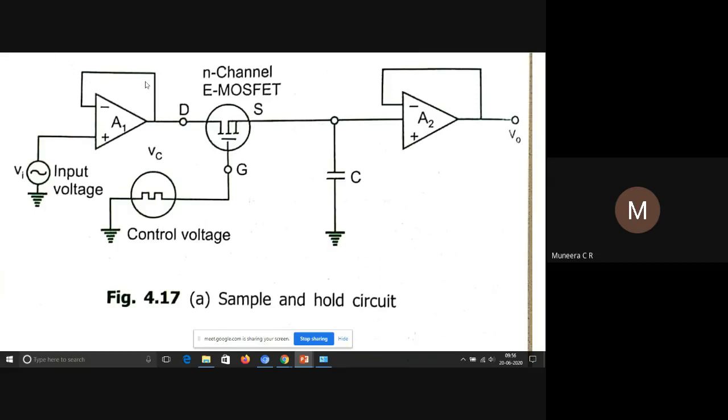Since its output impedance is very low, the charging time constant of this capacitor is determined by the output impedance of this voltage follower plus the on resistance of the MOSFET. Since its input impedance is very high, this time constant is not affected by the high input impedance of the op-amp.